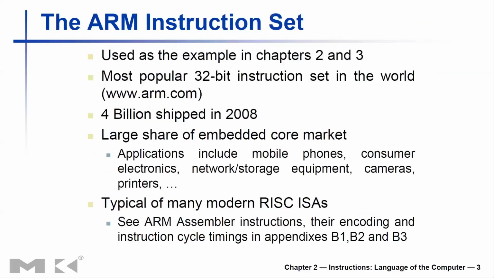Now, I told you that there are many processors available in the market. The most common example would be the Intel processor, because most of your PCs might be equipped with Intel processors, Intel x86, for example.